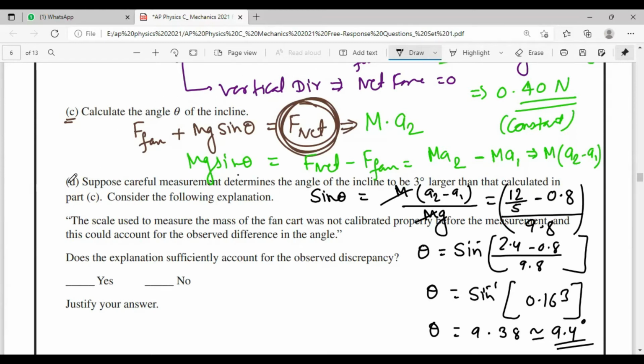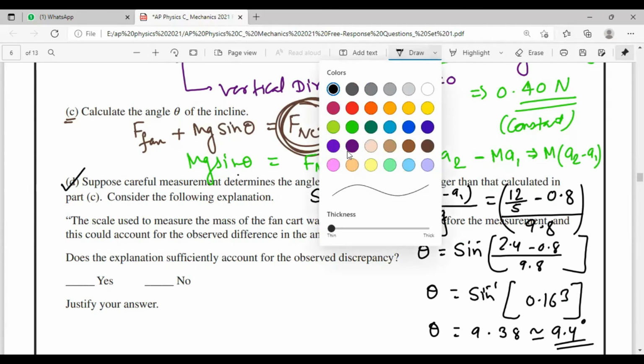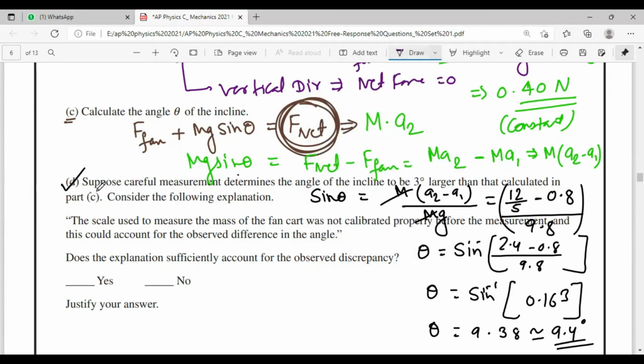Okay, friends. So let us see part B. Suppose careful measurement determines the angle of the inclination to be 3 degrees larger than the calculated in part C. So the question is saying the determined value of theta is 3 degrees larger than the calculated.